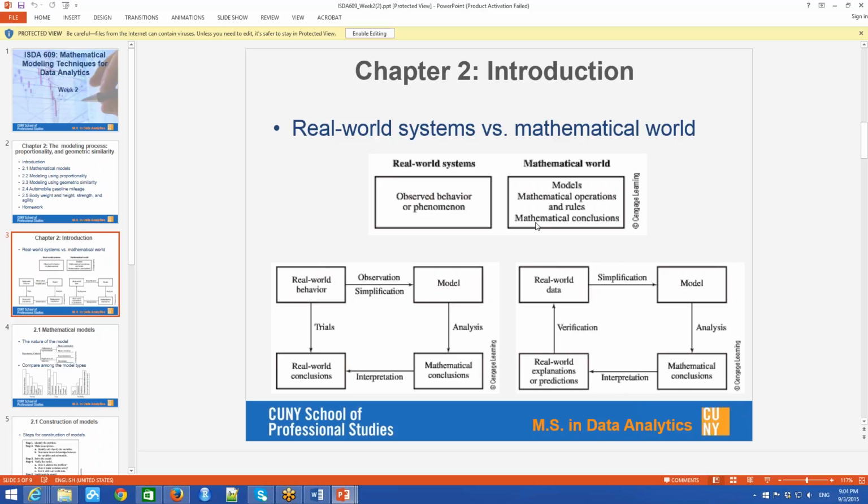From the real world perspective, we use real world behavior to reach real world conclusions. On the other hand, with mathematical models, we use real world expectations or predictions and use real world data to verify those conclusions. That's one way to look at this.